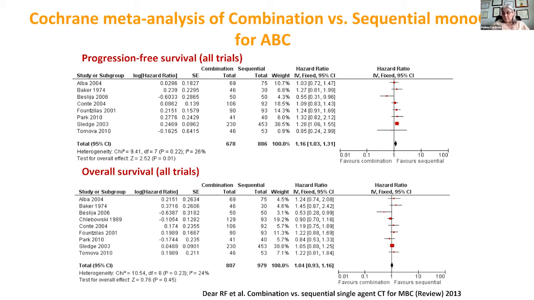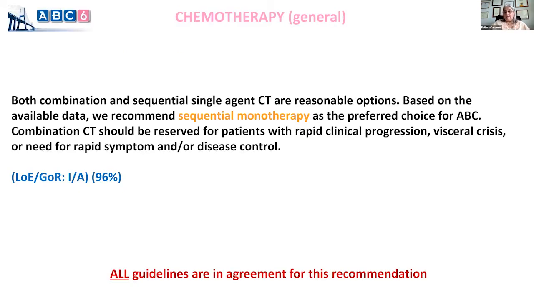And this is probably one of the most common mistakes of many oncologists, thinking that if they give you two things at the same time, it will be more aggressive and therefore more effective. Not true, okay? There is no benefit in survival, not even in PFS, which is the time without progression. There is a more rapid response, but it doesn't translate into a better control of the disease.